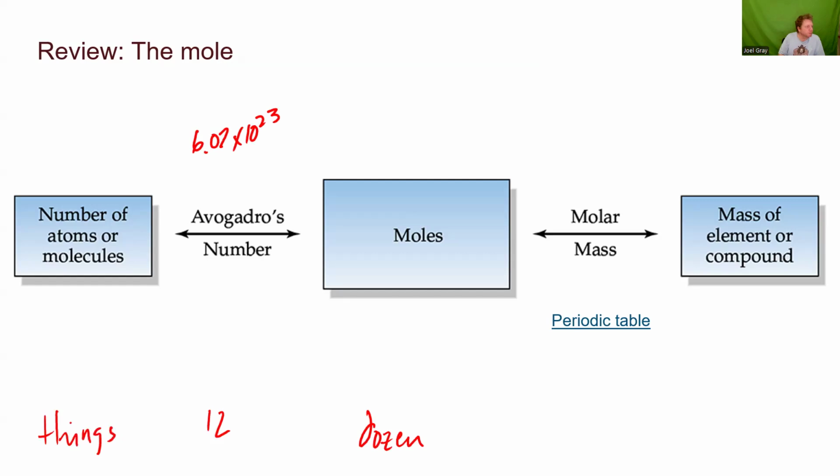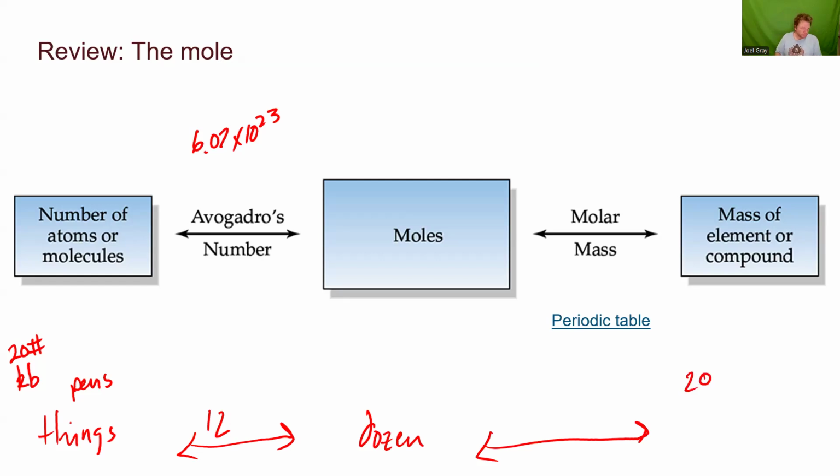My example was pens, and I'm just going to label it KBs, 20-pound KB. Those two things, well, I can have a dozen of them, but then I got to know the mass of each individual component.